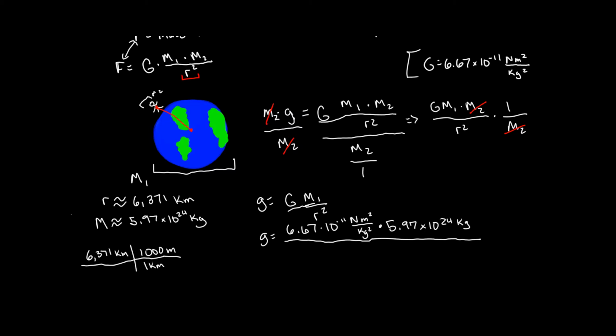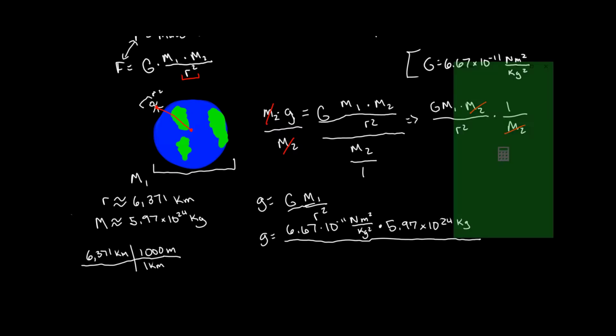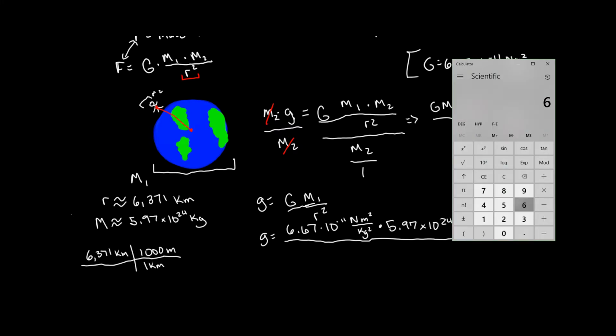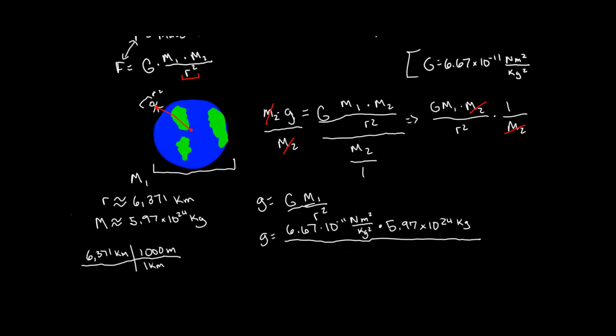So we're going to break out the calculator on it. 6,371 times 1,000, we're going to get 6,371,000 meters squared.